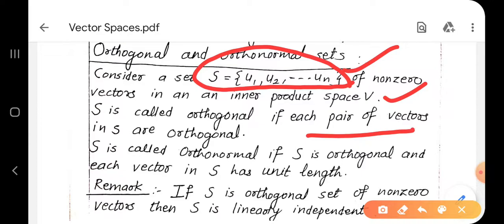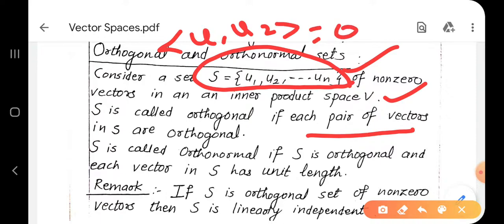Means what? The set S is orthogonal if the inner product of u1 and u2 is equal to 0. Similarly, the inner product of u1 and u3 is equal to 0, the inner product of u2 and un is equal to 0. Means if you take any two vectors from S, their inner product is 0.